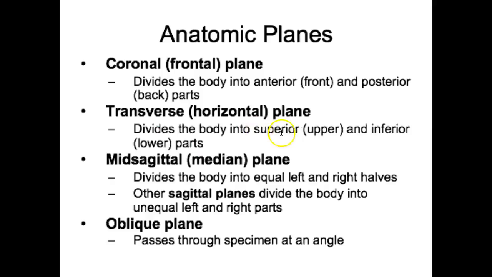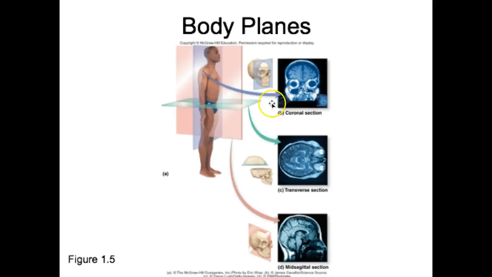Again, our directional terms. Superior being up, air quotes up, from when you're standing up in anatomic position, and inferior being lower when you're standing up. So this is the green plane right here.